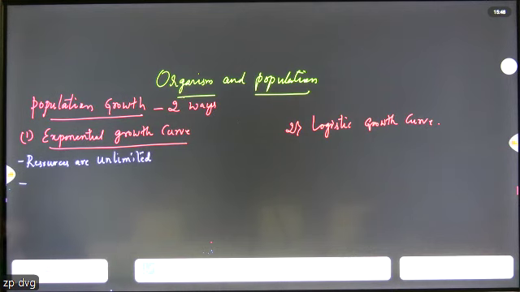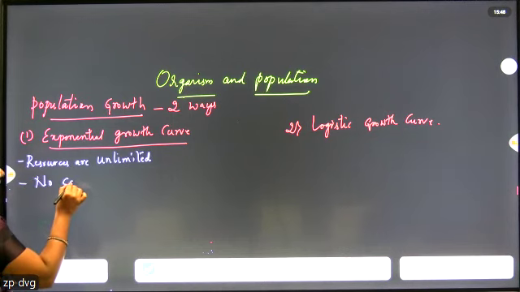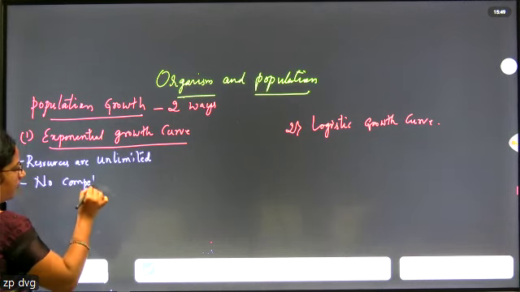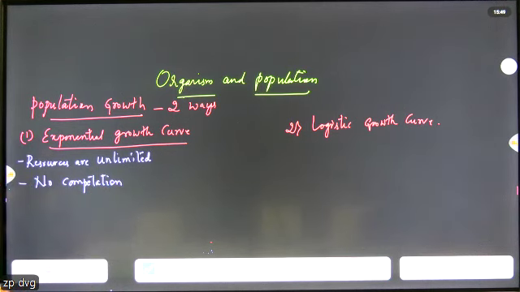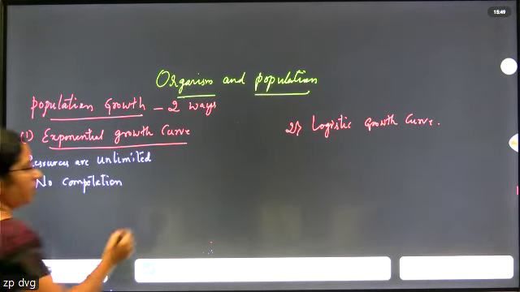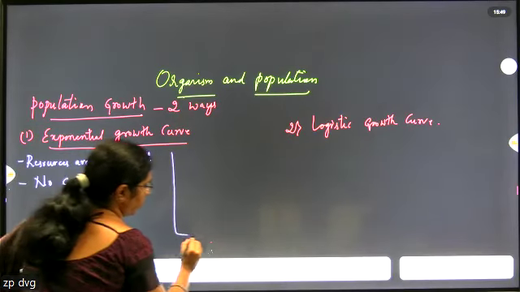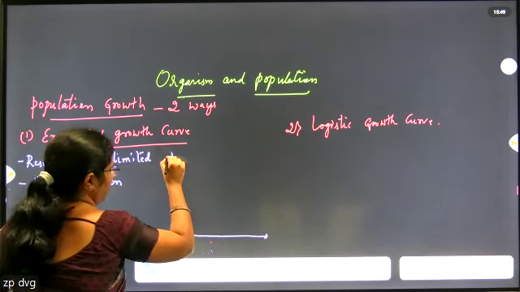As the resources increase, the species interaction also increases. There is no competition here. So how can we draw this exponential growth curve? Like this.